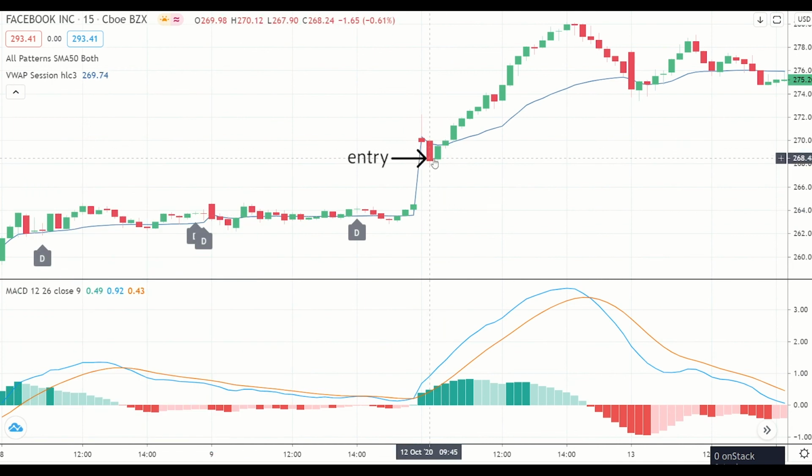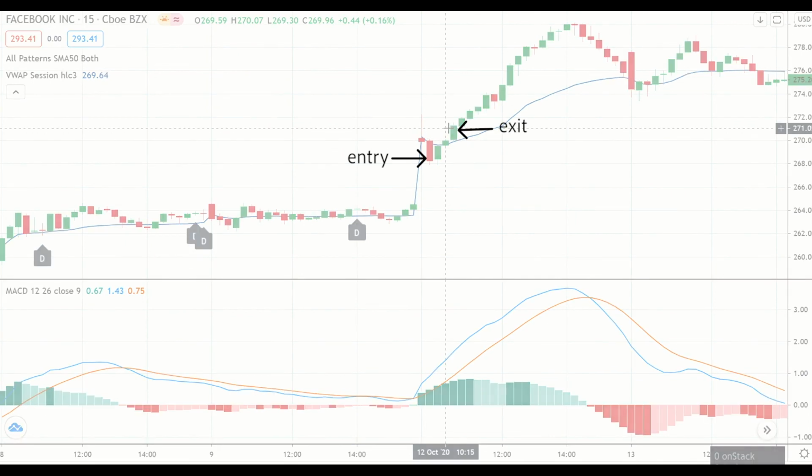At this point, we enter a short trade. And there we close the trade because the candle is created above the VWAP.